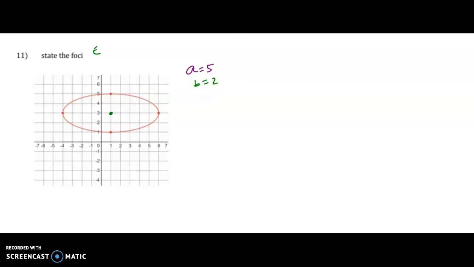So that's 2. And to figure out the foci for the ellipse, we're going to use c squared is equal to a squared minus b squared, okay? Now, after some algebra work here, a squared minus b squared comes down to 21. And when I do the square root, c is equal to the square root of 21, all right? Now, that doesn't mean that your coordinates are plus or minus square root of 21, right?